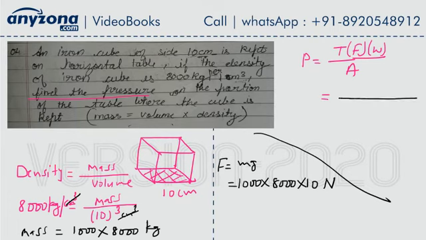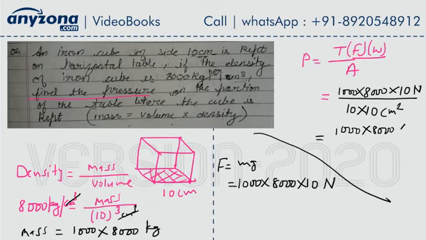So this is the force, correct? 1000 into 8000 into 10, okay. And area is 10 into 10 cm square, but area should be in meter square. That's why, wait a minute, this is the numerator, okay.